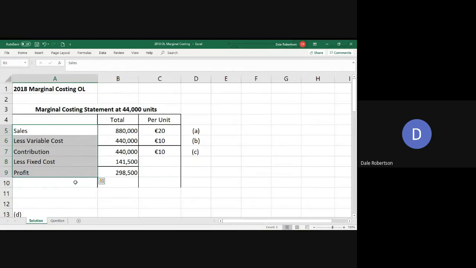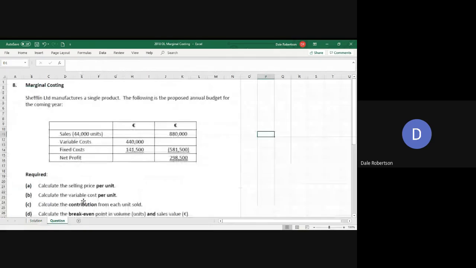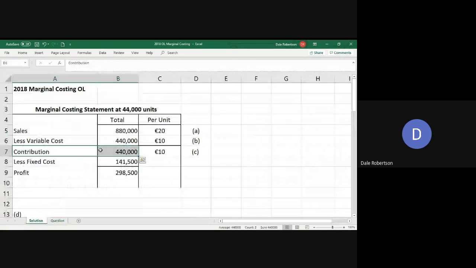Now, the profit here, of course, that 298,500 is exactly the same as the profit in the question. It's the same process. Here we've taken away these two items as well. It's just that we do have an interim number called contribution, which is a new term for us. And I'm going to explain that as we go down through the question.